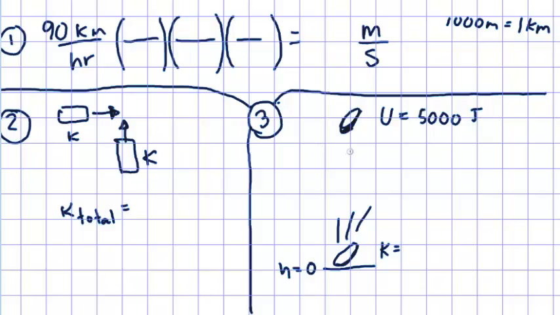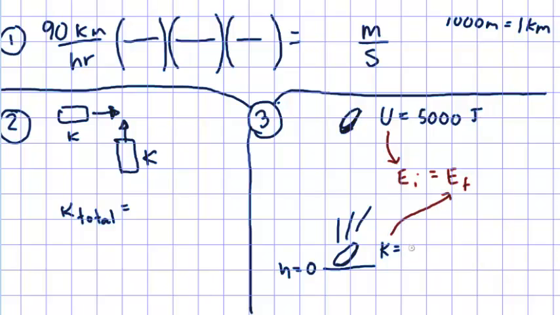On question 3, you've got a coin with 5,000 joules of potential energy. Presumably, the law of conservation of energy is valid, so you can say that your initial energy, which is purely potential, will equal your final energy, which is purely kinetic.